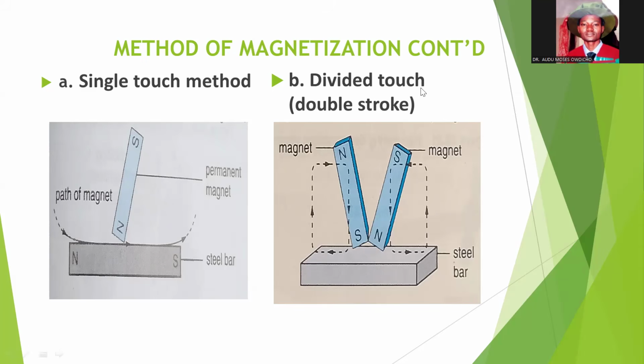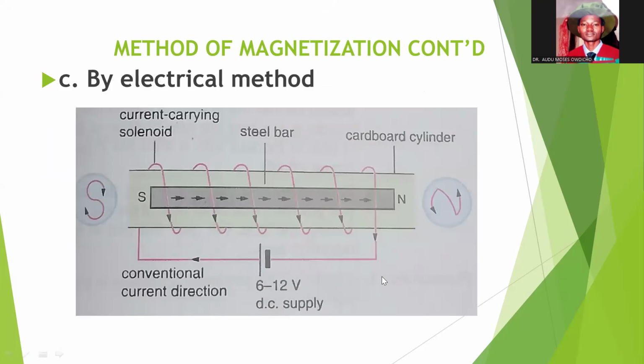The divided touch or double stroke method is similar to the single touch. Here, a magnetic material, a steel bar, is being stroked by two permanent bar magnets for some time, and in the process, it will acquire magnetism, the process which we call magnetization.